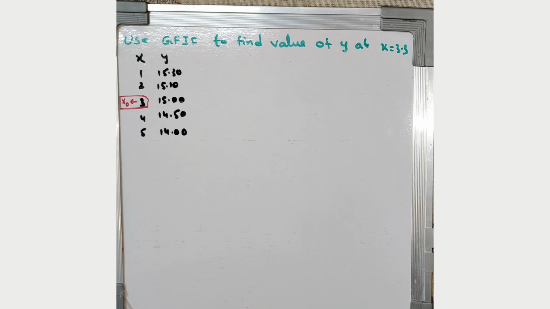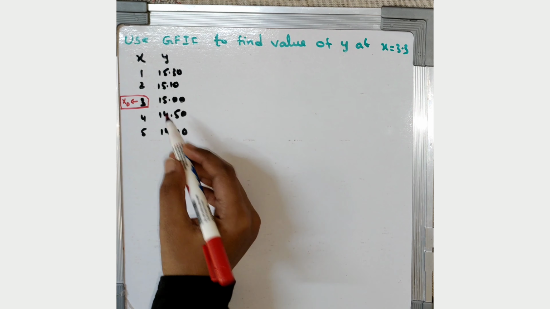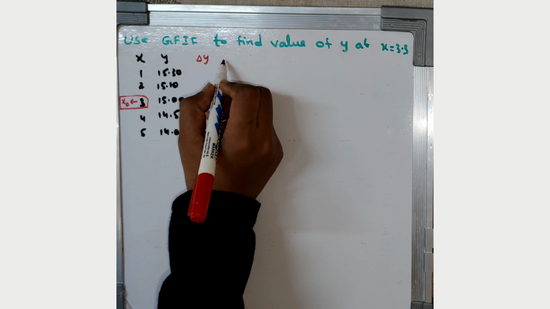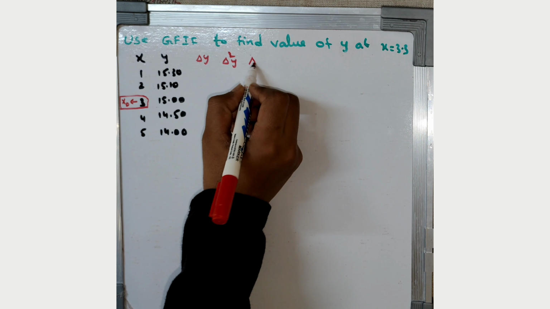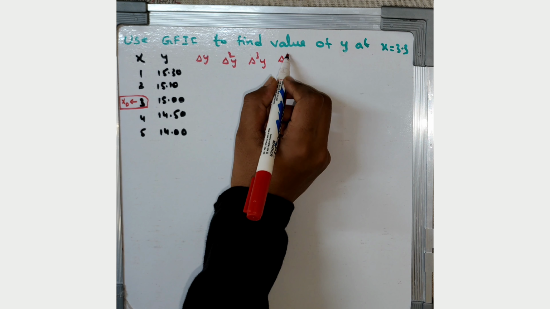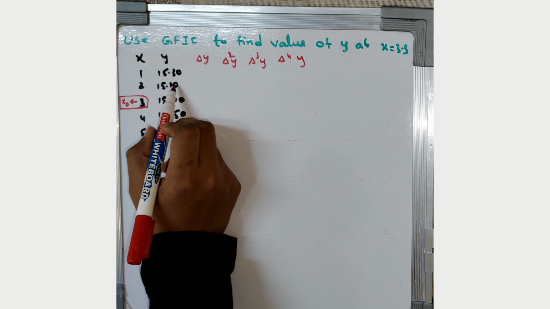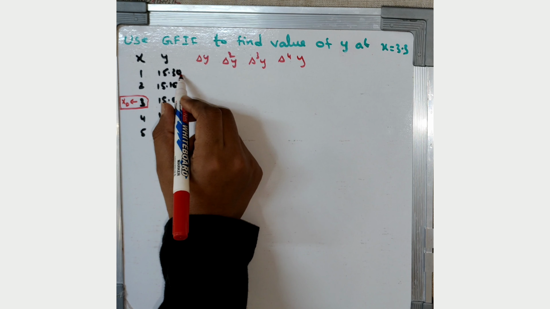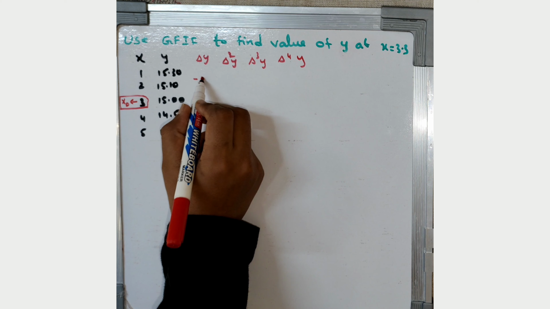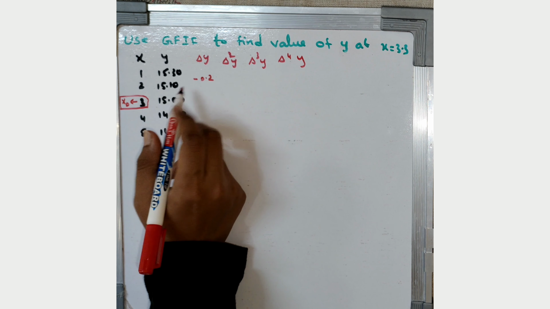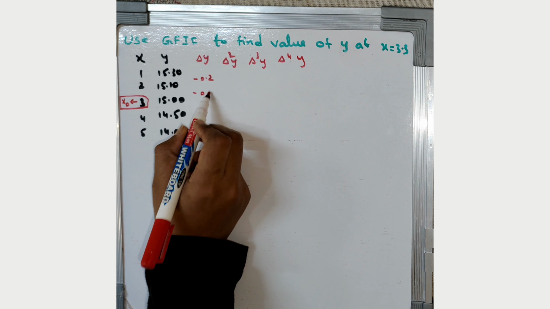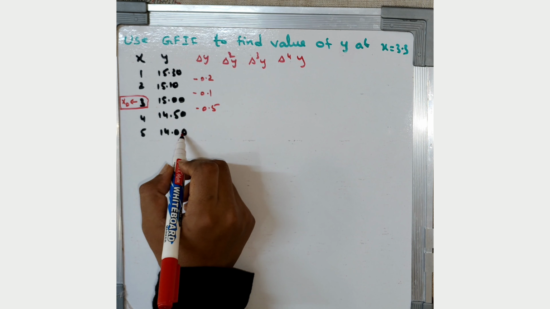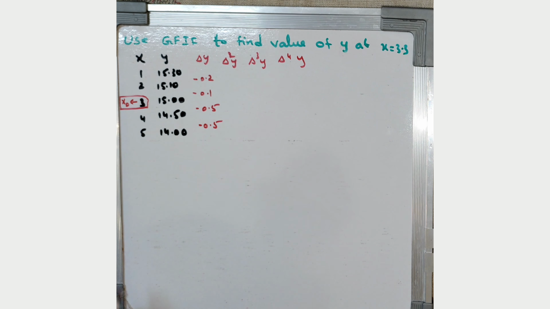Now as I have said, we have to write the central difference table. So let's write the central difference table first. Now what you have to do? Subtract these both values: 15.10 minus 15.30 will be minus 0.2, 15.0 minus 15.10 will be minus 0.1, and these two is minus 0.5, and for this it will also be minus 0.5.